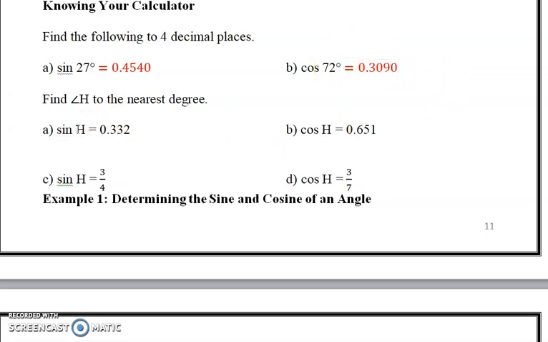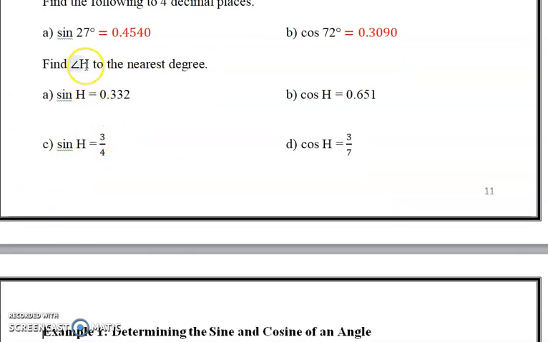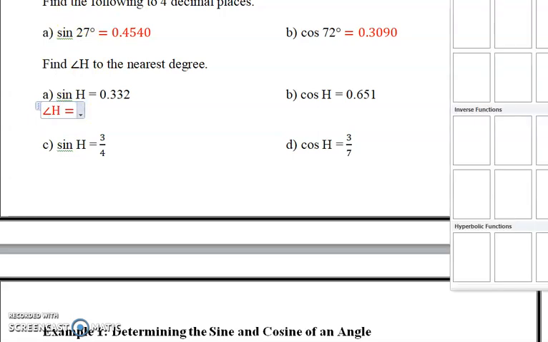Alright. Next we're going to look for angle H. So remember, if you do recall, we do this on our calculator. We say that angle H is equal to, we're going to insert the inverse sine.